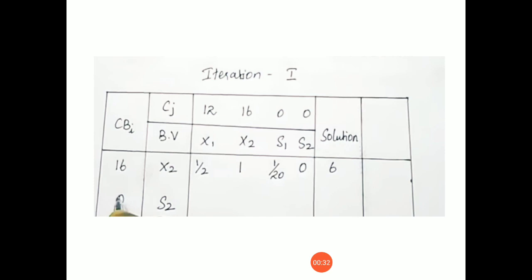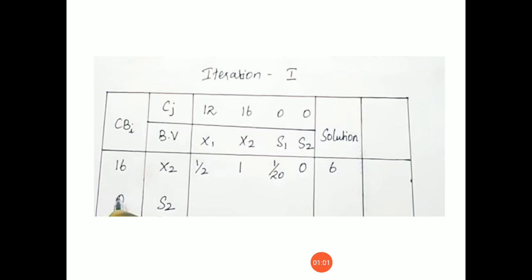As we saw in the last video lecture, since we were unable to get the optimality condition using the initial simplex table, we had to make the iteration 1 table. In the iteration 1 table, I discussed how to write the elements for the Cj row, the basic variable column and the x2 row.